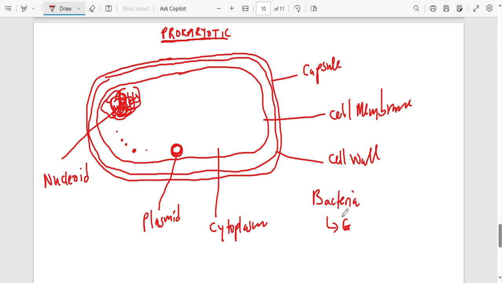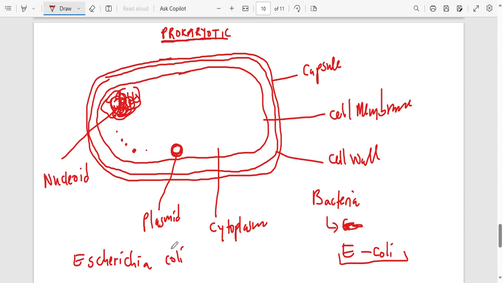But the most common bacteria that you talk about is E. coli. This is just the letter E. E. coli is a bacteria. It's a prokaryotic cell. The E represents Escherichia, it's just hard to pronounce. That is why people just say E. coli. Escherichia coli. That's supposed to be the name. But mostly you hear it as E. coli.